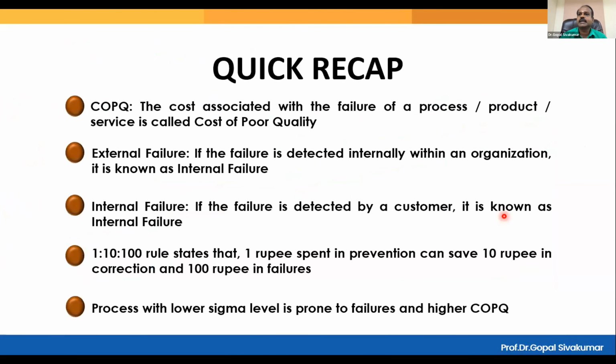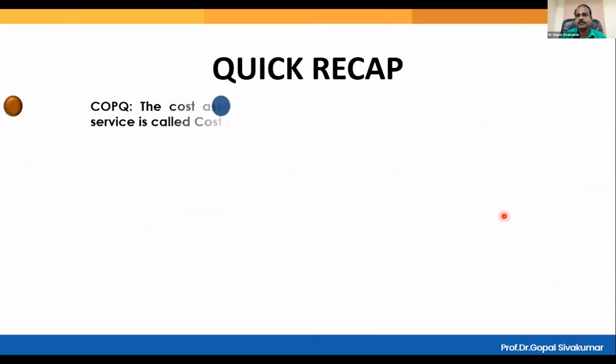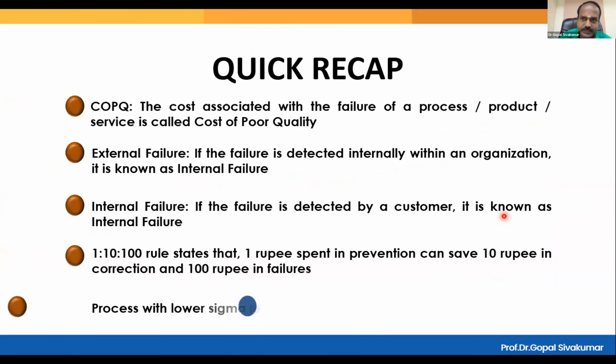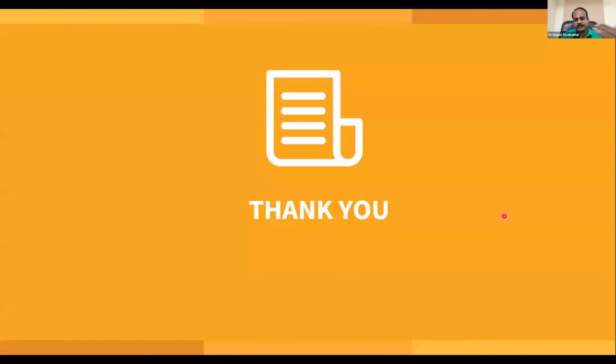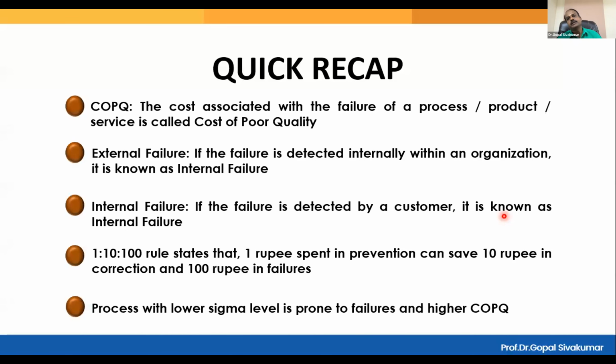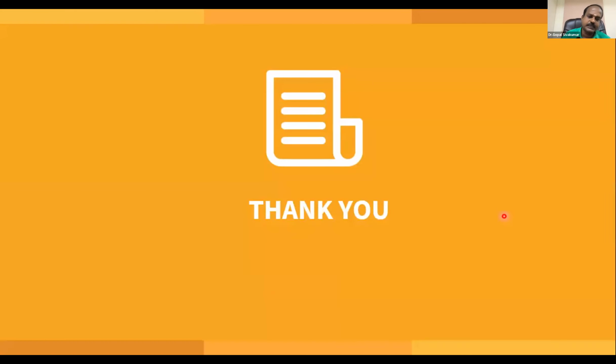Hope you now understand everything, right? The cost of poor quality means cost associated with failure. External failure means it is happening externally, internal failure means it is happening within the organization. Then the 1-10-100 rule, and then capability, DPMO and cost of poor quality are directly proportional. More DPMO, more cost of poor quality.